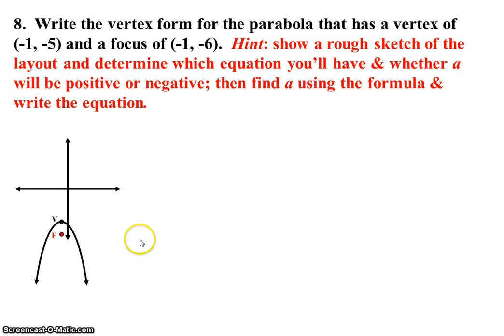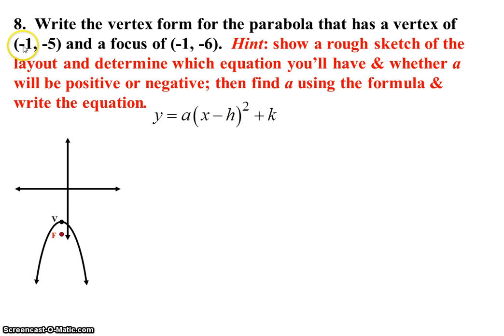So that tells us we need to build up that equation right there. And we're going to have to use that other formula. Remember when I said if we're going to write the equation, we have to figure out what this A is? Well, if D was 1 over 4A, A is 1 over 4D. So we're going to use that information last. But we can fill in what H and K are because we have the vertex given to us.